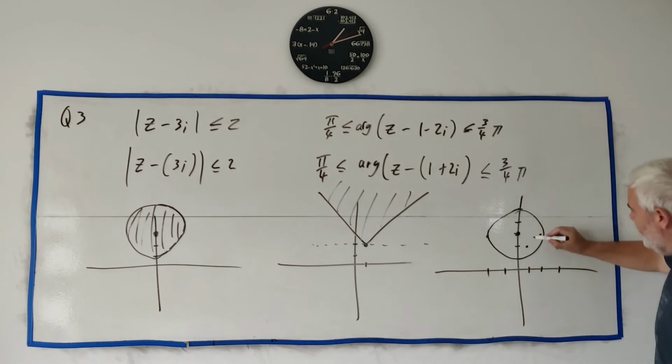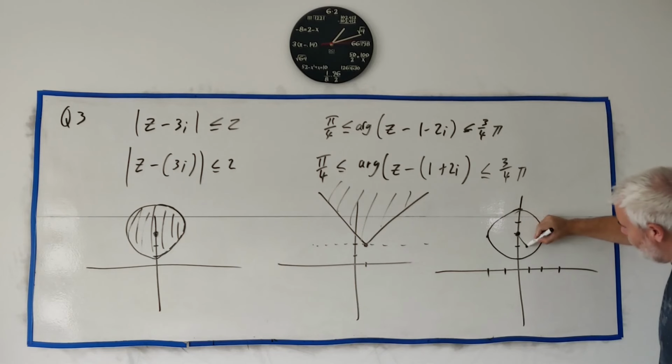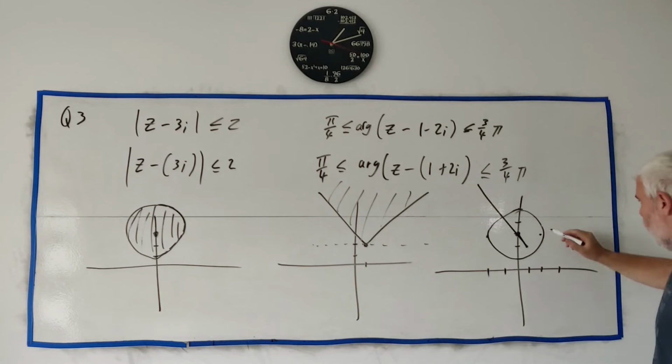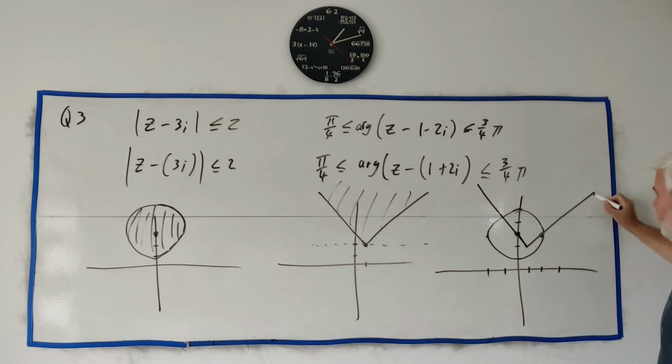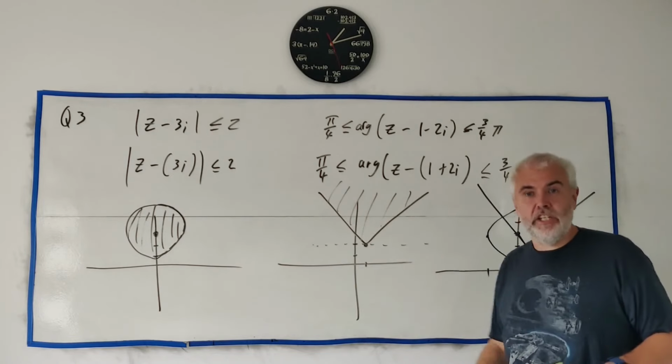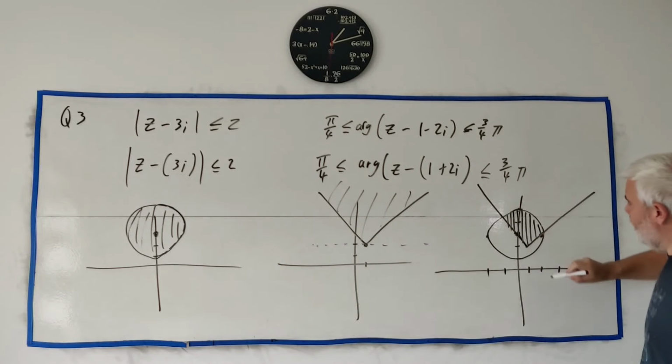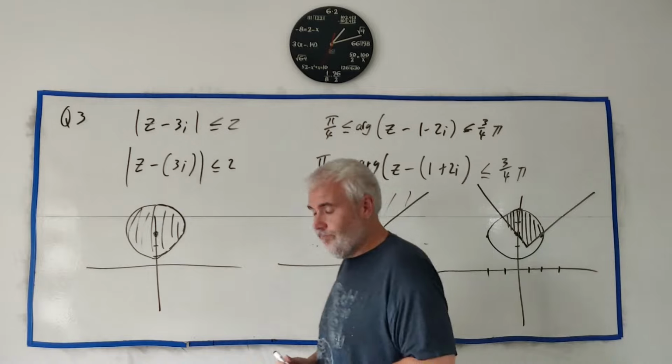It is inside that, and it came up at a 45 degree angle. So that means it actually went right through this point. It's interesting. And it also went right through this point here. That would have been at the side of it. So where do both these shades agree? It's this shape in here that is the answer to that question.